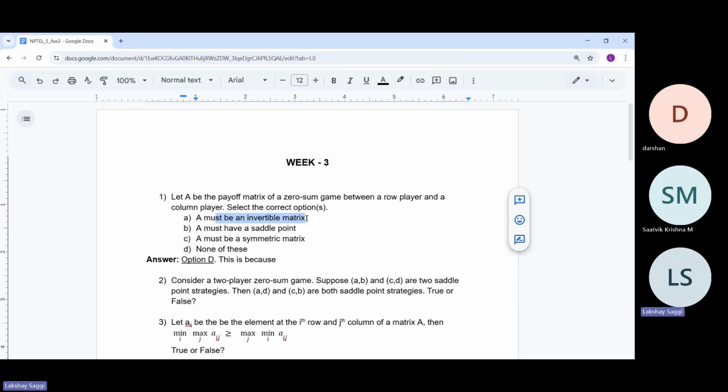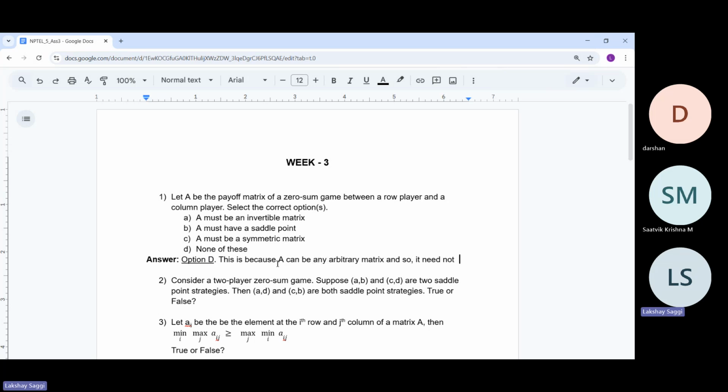Similarly, this has also been discussed in the lectures. In the lectures there was an example of a matrix which did not have a saddle point. There are zero sum games where there does not exist a deterministic saddle point. And similarly, A must be a symmetric matrix is also not true. You can just take any matrix and call that a payoff matrix, and it need not be symmetric.